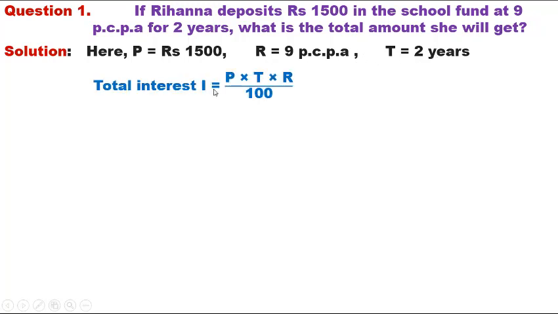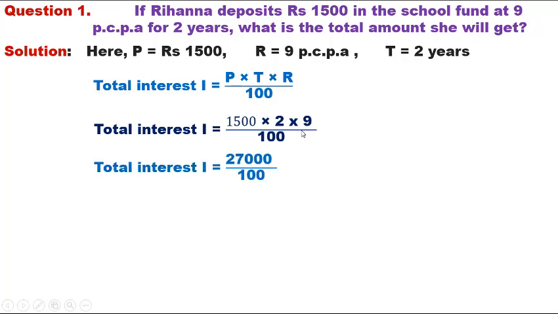Total interest I is equal to P into T into R divided by 100. Therefore, interest is equal to 1500 into 2 into 9 divided by 100 is equal to 27,000 divided by 100. Two zeros cut, answer is 270.